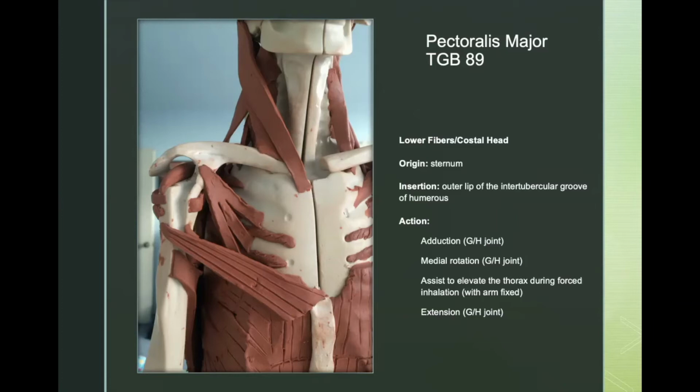Now, it seems a bit strange that it can do all of these things, right? But it depends, again, on what position the arm is in. So when you are looking at actions of a particular muscle and you're looking at that muscle on a mannequin, on a cadaver, or in a picture, usually it's represented in an anatomical position, but we don't live in corpse pose.